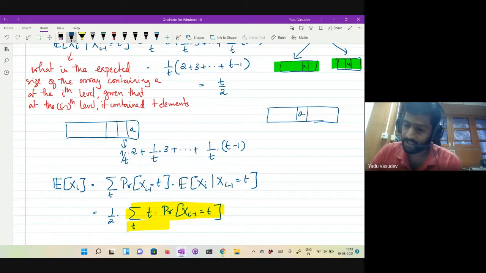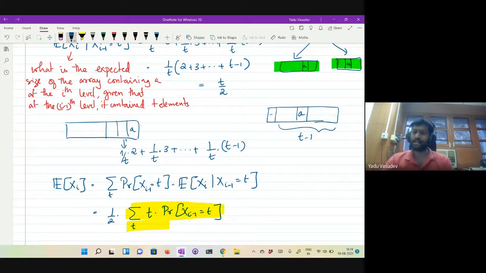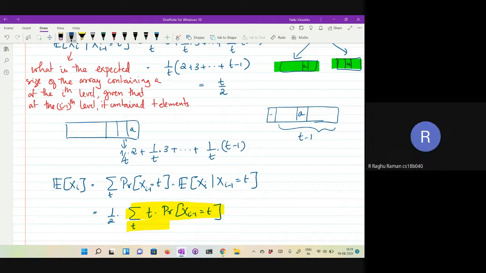So if it is here, you're saying that even if you choose this element, there'll be at least t minus 1, right? There is no way that you can get an array where A's size is just 1, or 2, for instance. There is no way to get an array where A's size is less than t by 2.